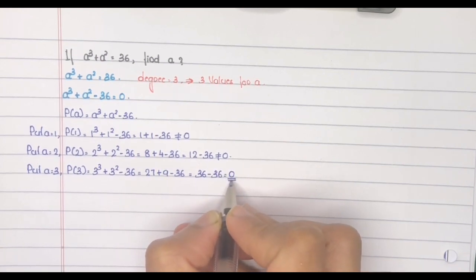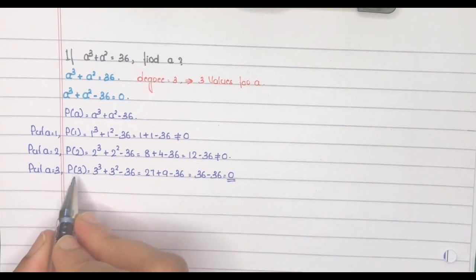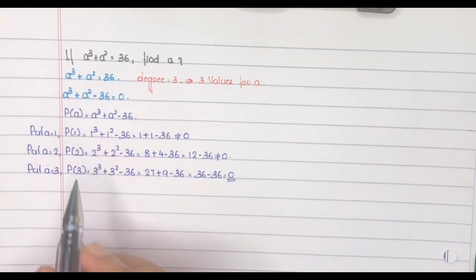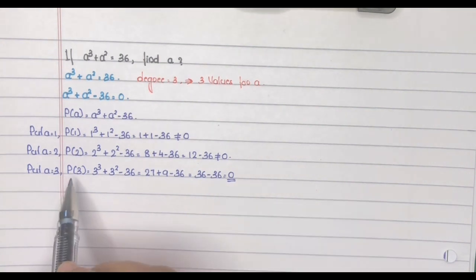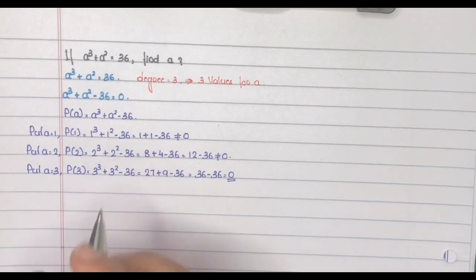Means it satisfies the equation. When we substitute a is equal to 3 in this given equation, the equation gets reduced to 0. That is, 3 satisfies the equation, which implies 3 is a factor or one value of a is 3.